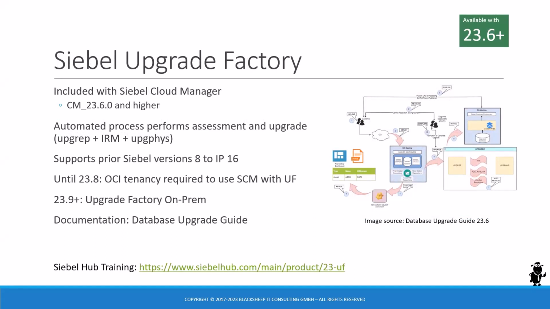Yeah, Upgrade Factory was a great addition in 23.6. First delivered with Cloud Manager, so OCI only. So you need an OCI tenancy to run that, and obviously copy your database over to OCI. And if you don't want that or don't have OCI, then 23.9 and higher has similar capabilities, not the same, but similar capabilities, as the on-prem Upgrade Factory.